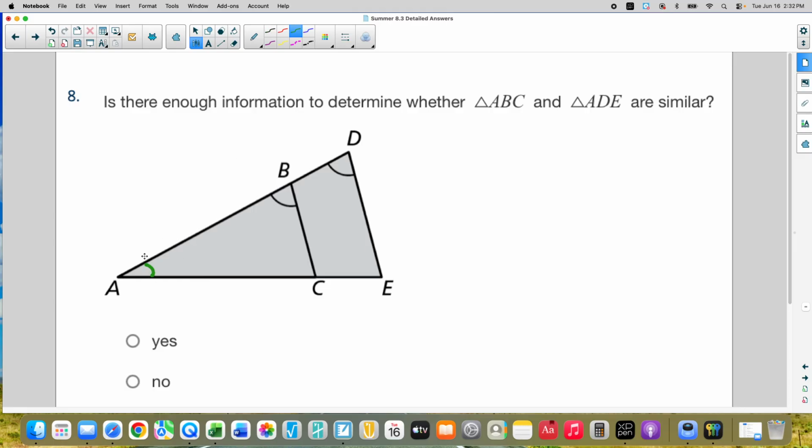So angle A is going to be the same in each of those. We know that B and D are also the same angle. So we know that this is congruent with this. And that would end up making these congruent also, because you would be subtracting the same number from 180. So yes, we have enough. Angle, angle, angle is our reason.